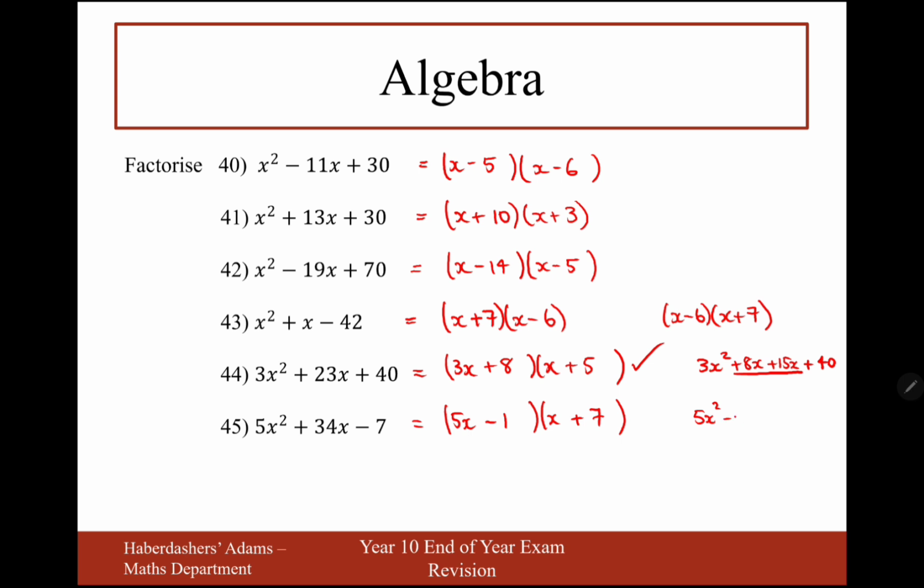Minus 1 times x is minus x. 5x times 7 is add 35x. And minus 1 times 7 is minus 7. Simplify these two in the middle and you do get 34x. So great, we know we've done that question correctly. Always be checking with these factorized questions to see if your expansion is correct.